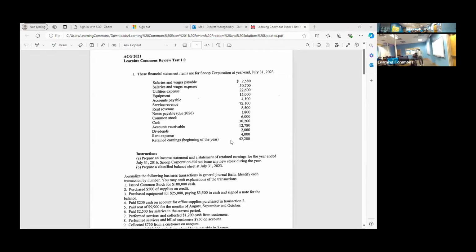And then we'll check our answer for that. Remember, you just told me the only thing that goes in the income statement is revenue and expenses.